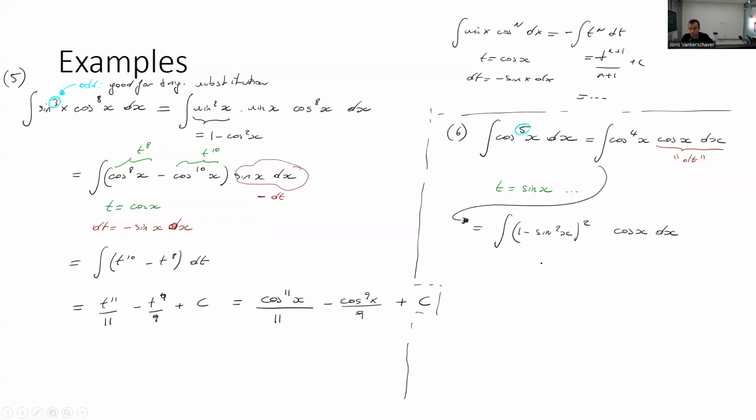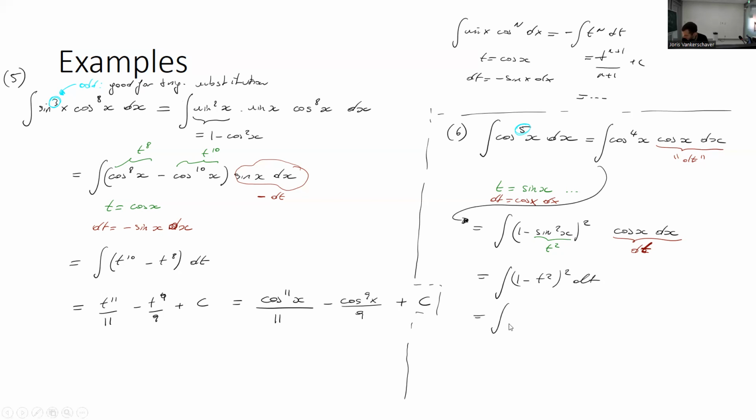And now it's clear what I have to do. Now I can make my substitution that I've already indicated. I can say sine x is t, or sine squared is t squared. And then dt is cosine x dx. And so what I have here is dt. And that lands me with 1 minus t squared, squared, dt.